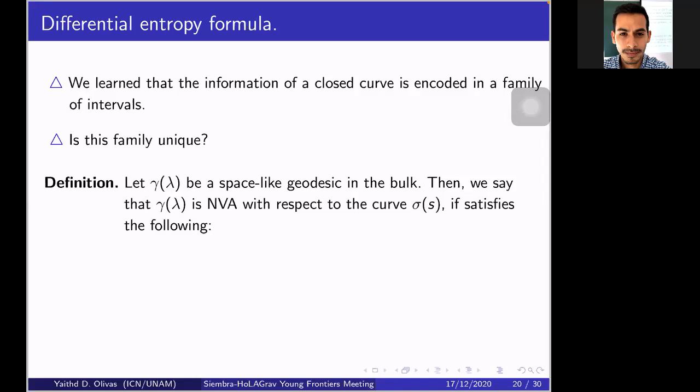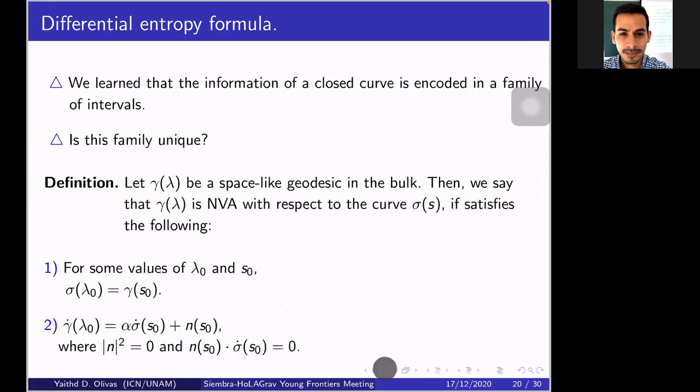And I have to define a generalized notion of tangency. We are going to say that a geodesic in the bulk, gamma, is null vector aligned with respect to a given curve if it satisfies the following. First, it touches the curve for specific values of the parametrization. And second, the tangent vector of the geodesic is equal to the tangent vector of the curve plus a null vector that is also orthogonal to the tangent vector.